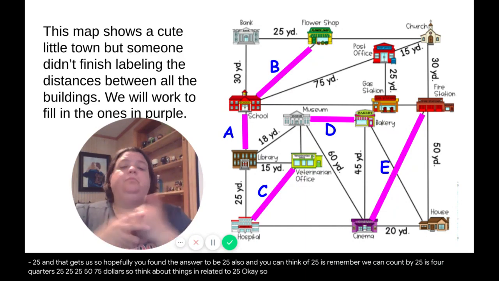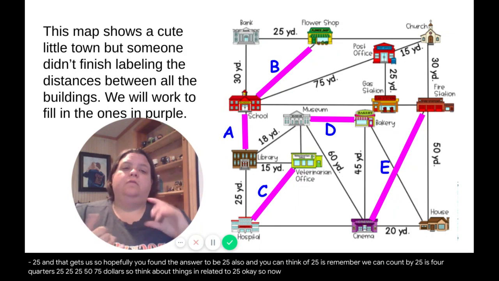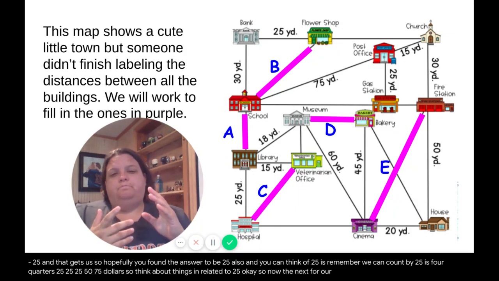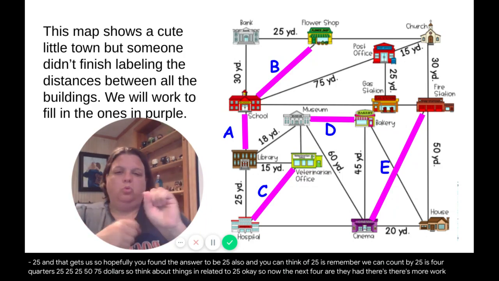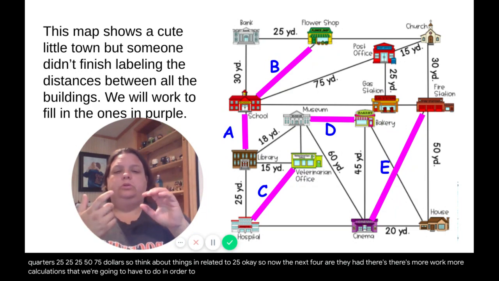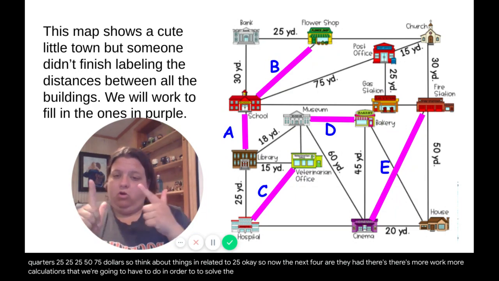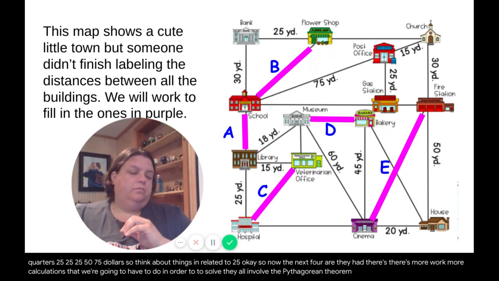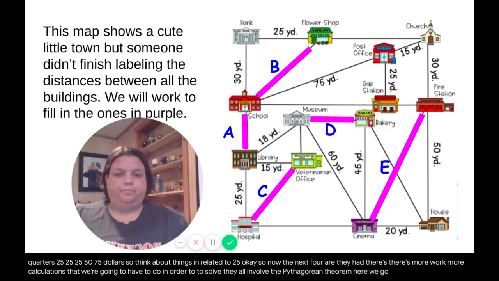Okay, so now the next four, there's more work, more calculations that we're going to have to do in order to solve. They all involve the Pythagorean theorem. So here we go.